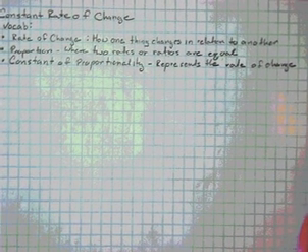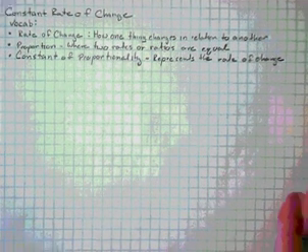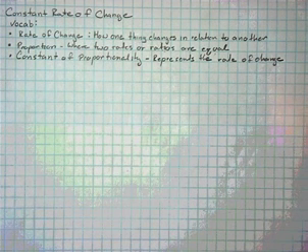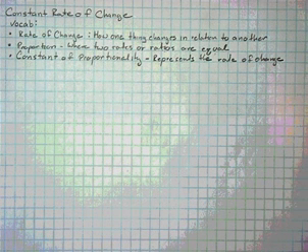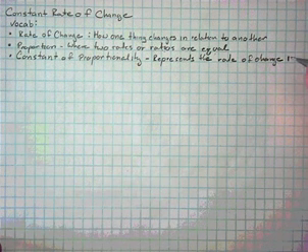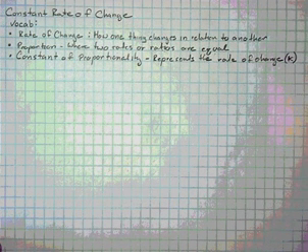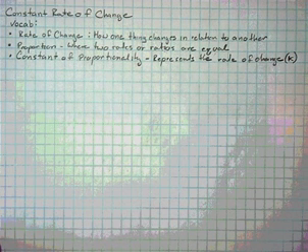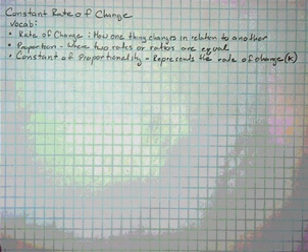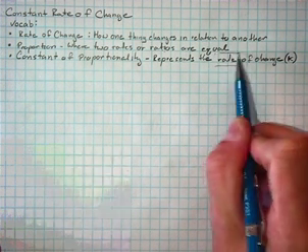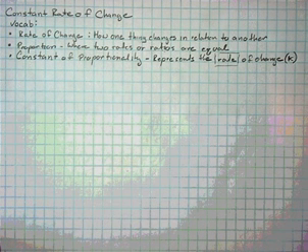And this actually has a funny little symbol that we use. We use a K to represent the constant of proportionality. And it represents the rate of change. Think unit rate.